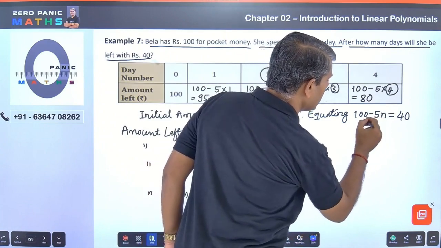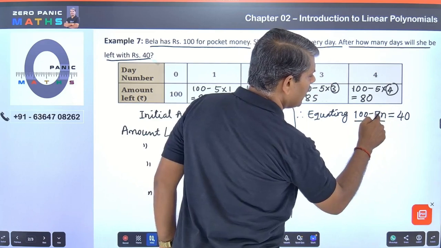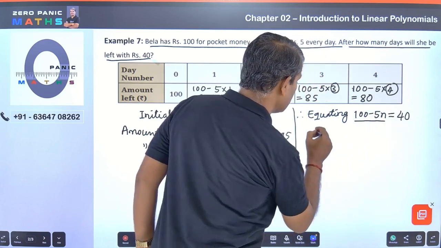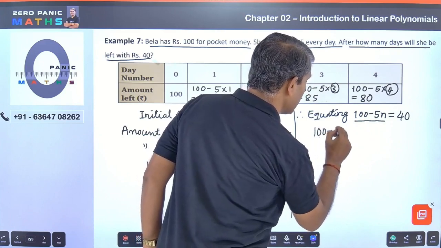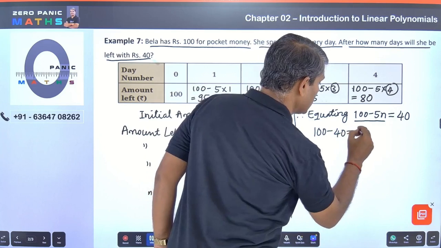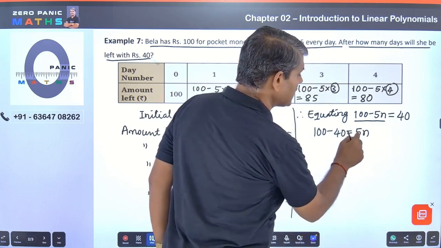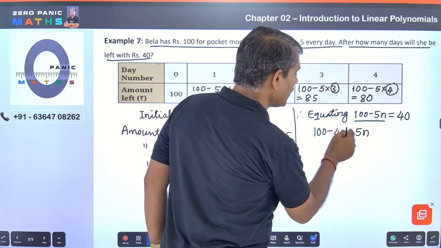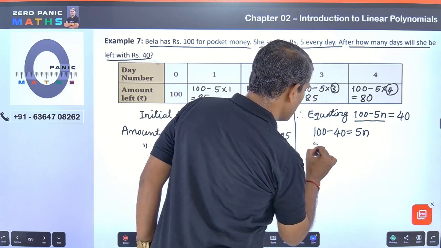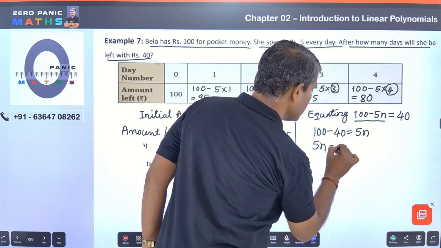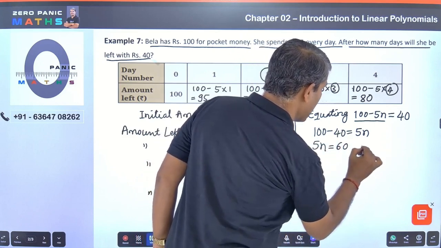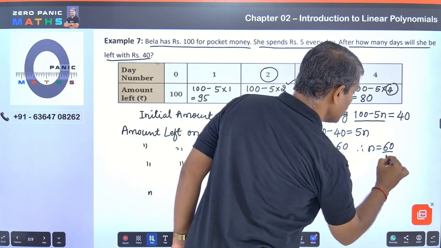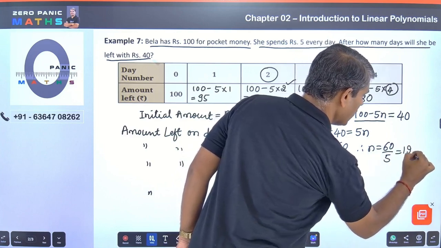Take minus 5n to the right side and take the 40 to this side. That gives us 100 minus 40 is equal to 5n, that is 60. So 5n is equal to 60, and n is equal to 60 divided by 5, that is equal to 12.